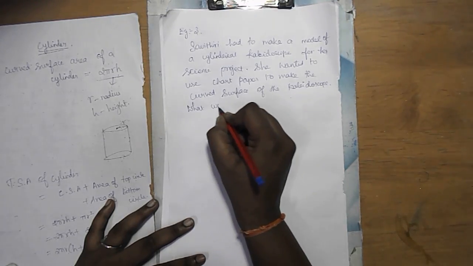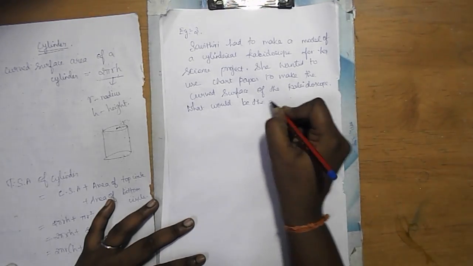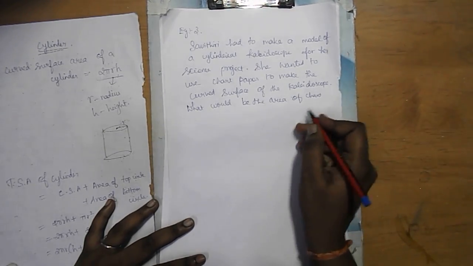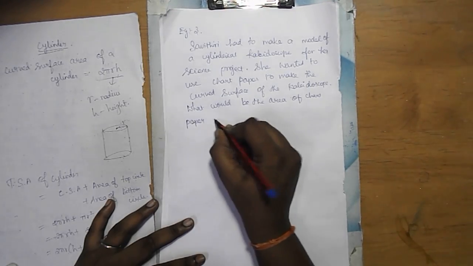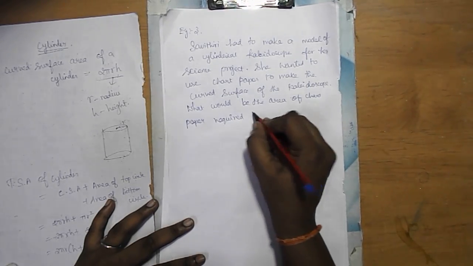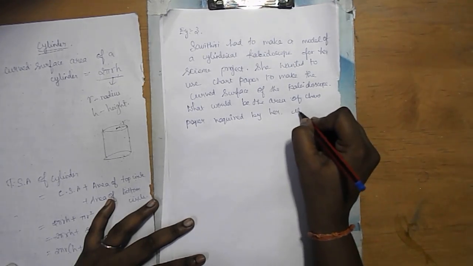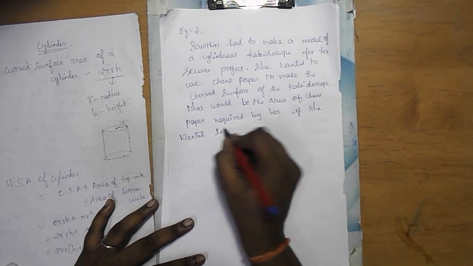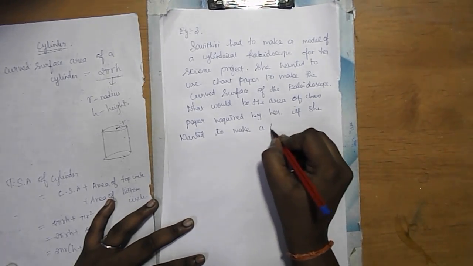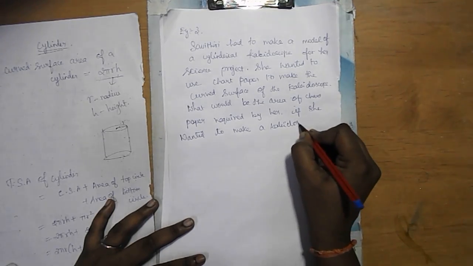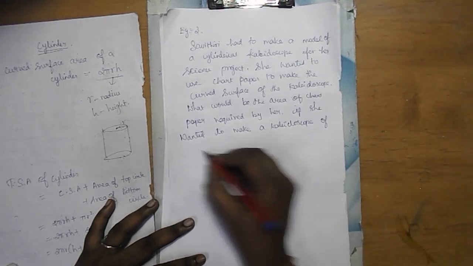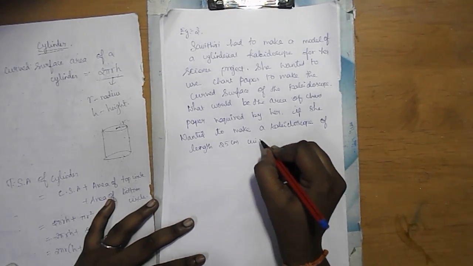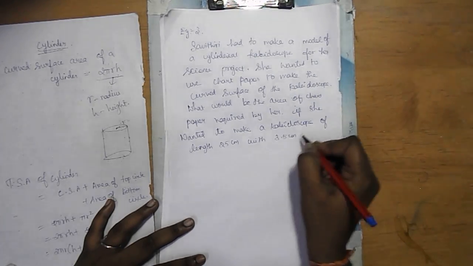What would be the area of chart paper required by her if she wanted to make a kaleidoscope of length 25 centimeter with 3.5 centimeter radius?